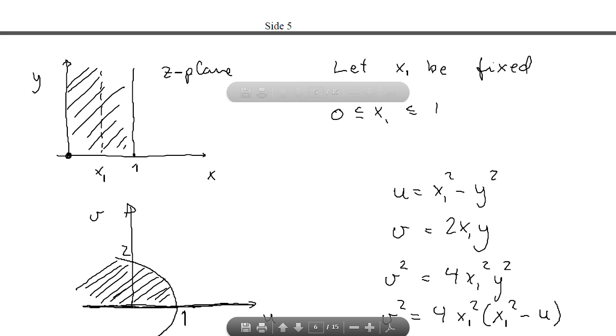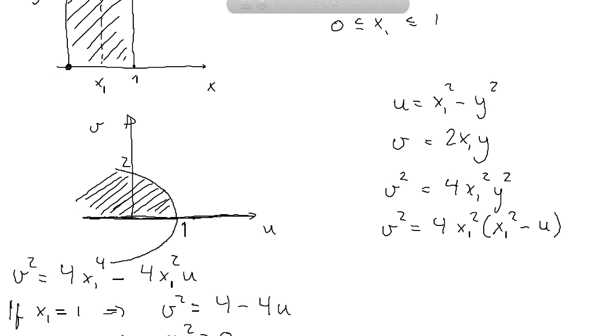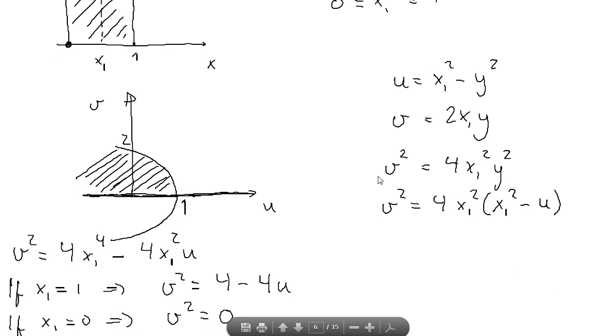So let's just make the following trick, which is not so easy to find yourself, but just consider this. We just want to square this imaginary part, and then we of course get this equation.